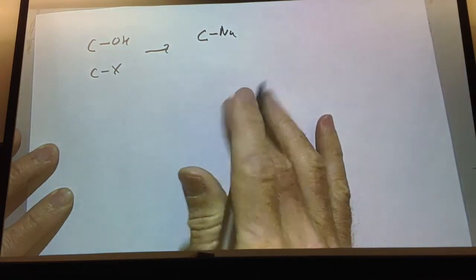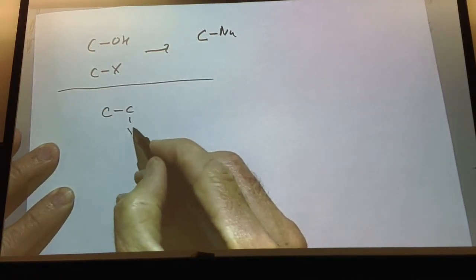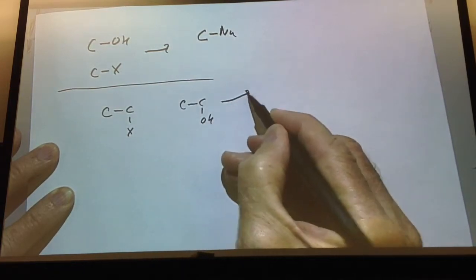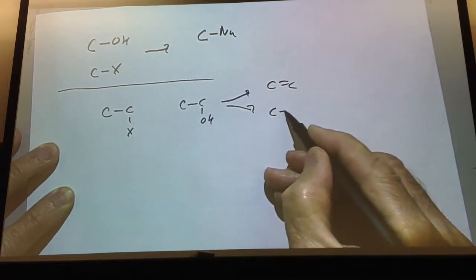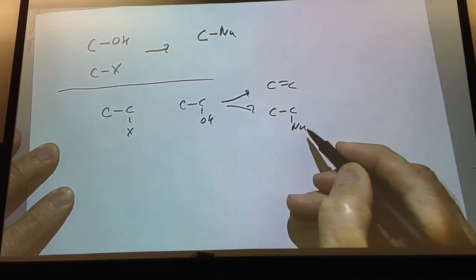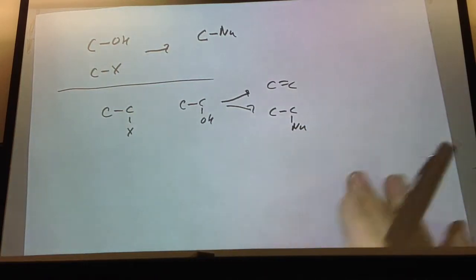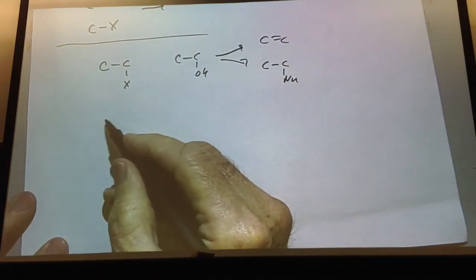You can only get elimination if you have two carbons. Then you can potentially get elimination or you can get substitution. Okay, so that's when you've got to start worrying.